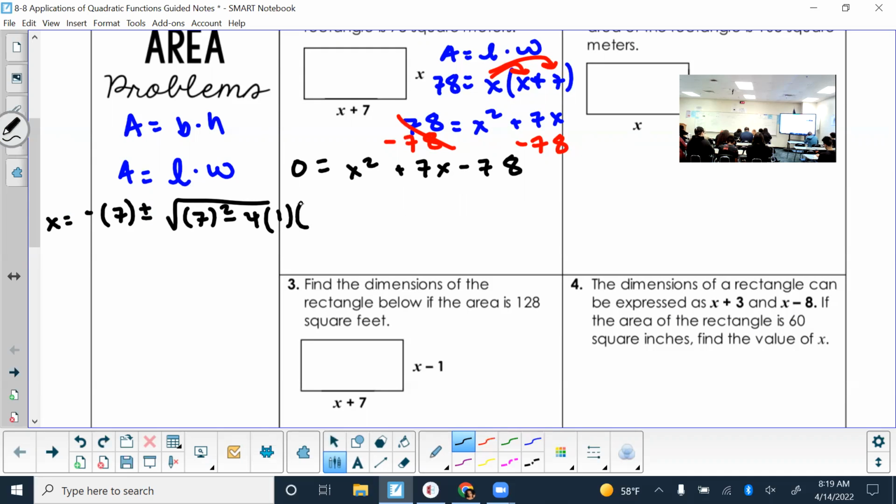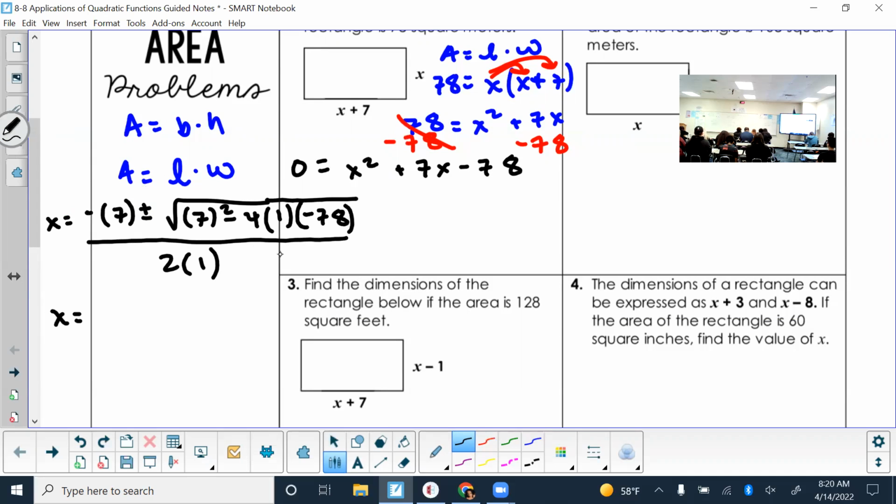And then times C. What's C in this one? Negative 78. All over 2 times A, which what is A in this one? 1.